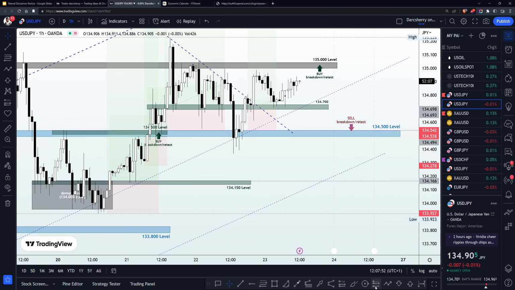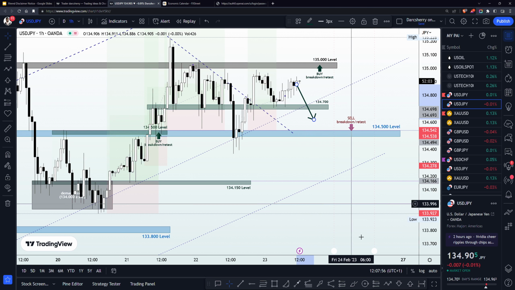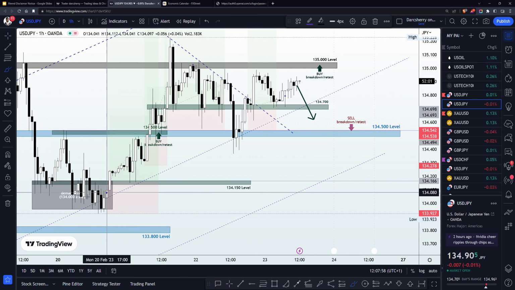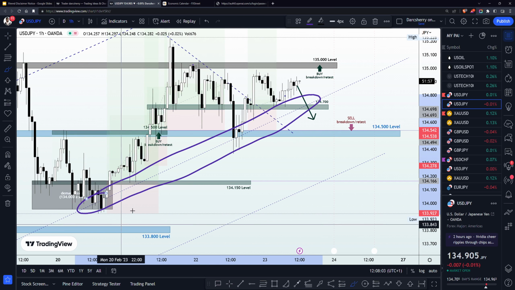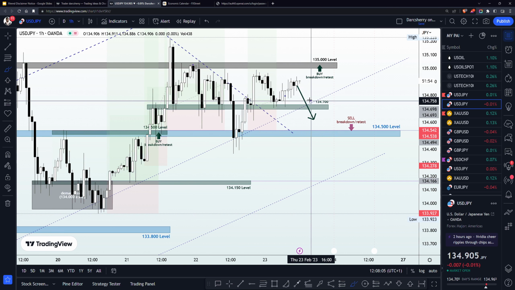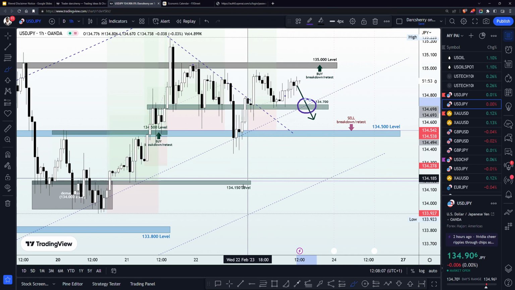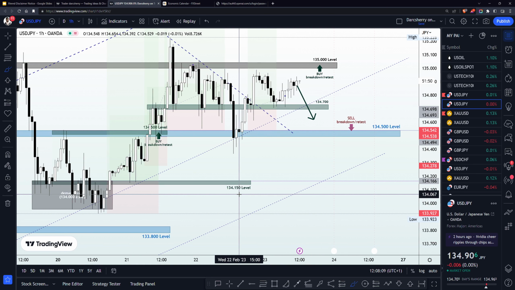surprised. So what I'm saying here is that we look out for the breakdown of the 134.700 level, which also shares a confluence with this bullish trend line that has been supporting bullish momentum since the beginning of this week. So if we cite a breakdown of the 134.700, remember, we are not getting too excited.